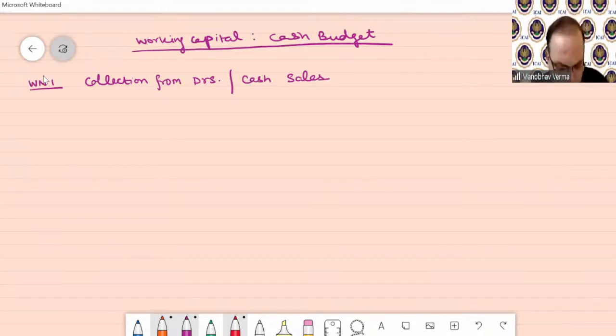We have some cash sales also, and we have collections also. Looking at the numbers for the collections, we are looking at 20% cash and 80% credit. The credit sales are collected within 1 month and the balance in the second month after the sale. That means, what will be the collections for the April month? I'm just thinking from an example perspective.